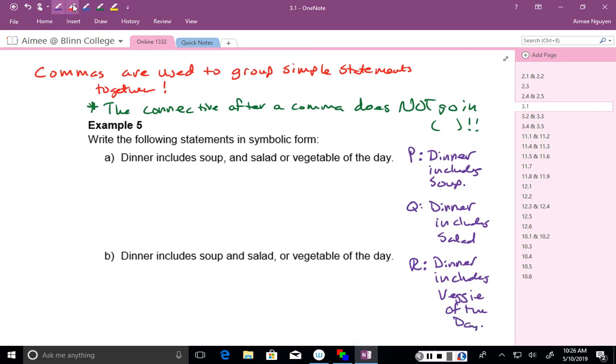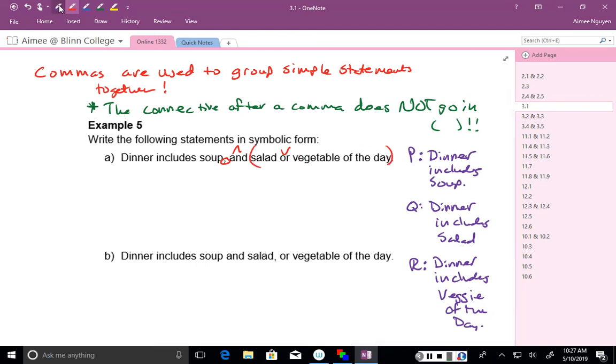Again, what we're going to look for here: dinner includes soup, comma, and salad or vegetable of the day. When I use this comma to group, the only thing on the left is dinner includes soup. So outside of the parentheses, I'm going to have dinner including soup. And then I'm going to group the salad and the veggie of the day together.